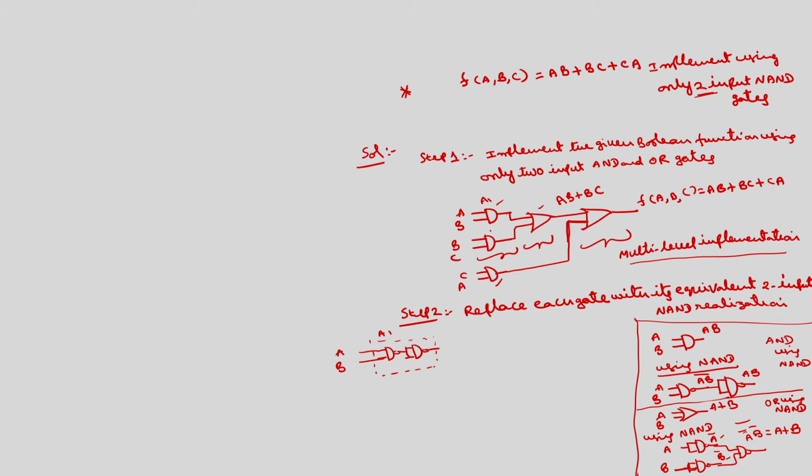Similarly, if I call this gate as A2, this gate as A3, this gate as O1, this gate as O2. So, what is A2? A2 is similarly this. This is BC, this is A2, and this is A3.